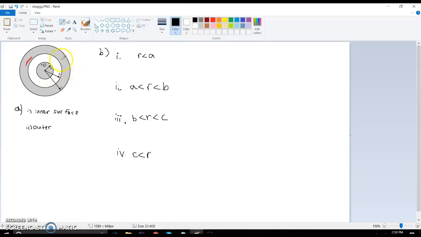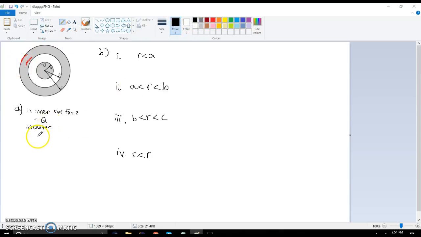Because it's a conducting ring, this center ball of charge will attract the same amount of charge here, but it will be equal and opposite. So that would be negative Q. Because the conducting ring has a net charge of 0, if there's negative Q charge on the inner surface, then there must be a charge here that will balance that charge and make the net charge 0.